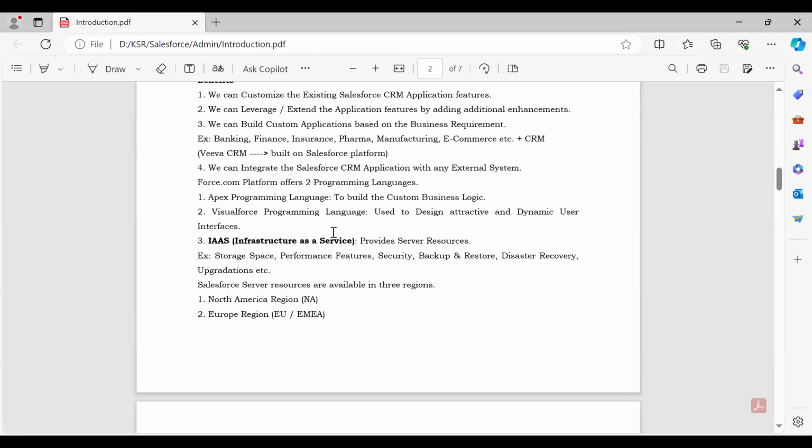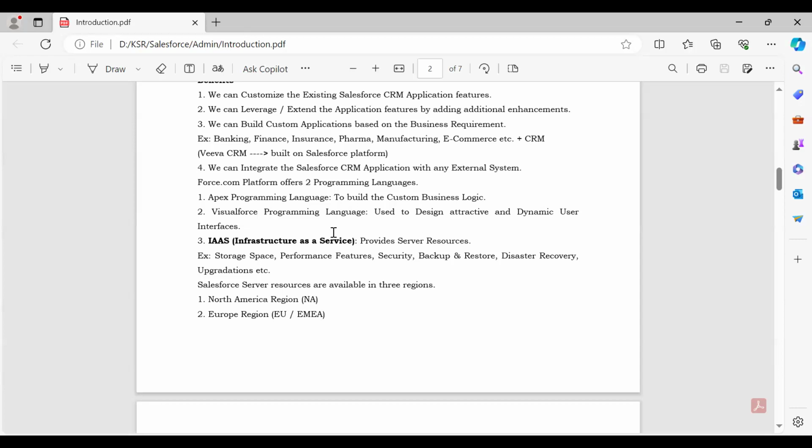What do you mean by infrastructure as a service? Infrastructure as a service is a cloud computing model which provides the infrastructure required to store our business specific data or our application or organization specific data.